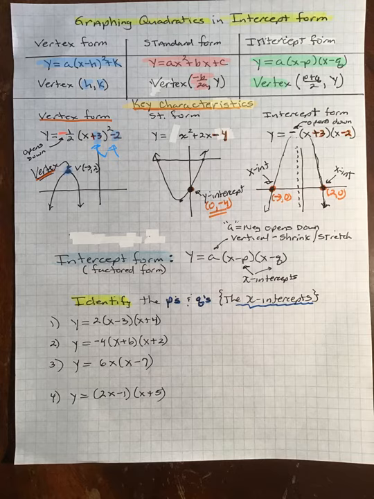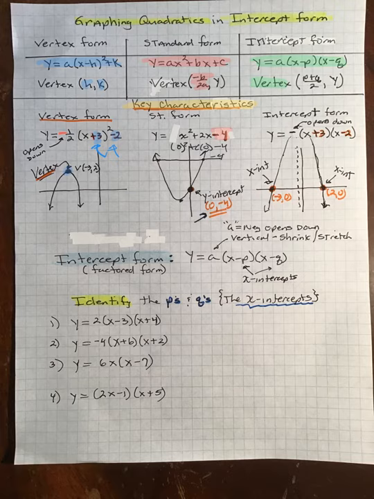With standard form, you have to use the formula to find the vertex. But what standard form does is it allows you to find the y-intercept very quickly. In this particular problem, it allows you to find the y-intercept really quickly. If you were to plug in a 0, because the y-intercept is when the x is 0, then every single time you're going to end up with just the constant as your answer.